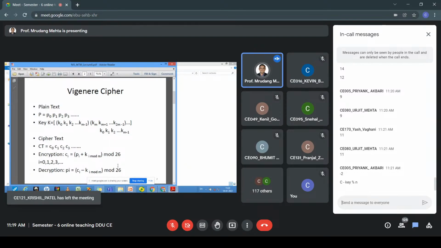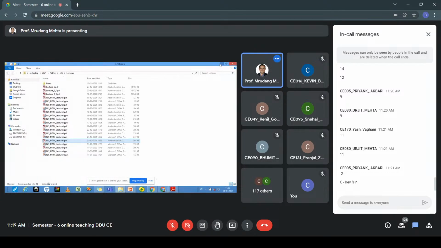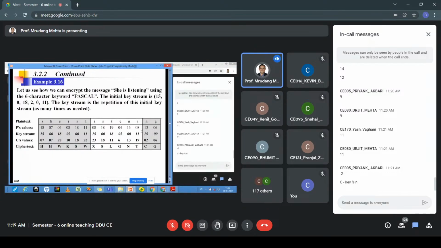So Ci minus K mod 26. That is what we are supposed to use. Ci minus Ki mod m, where m is the key length, mod 26. So in this particular case, n value is 26.